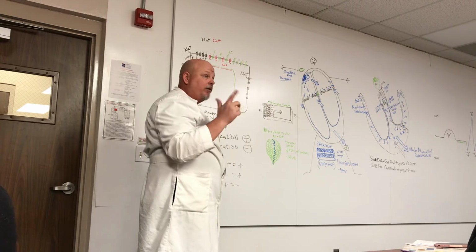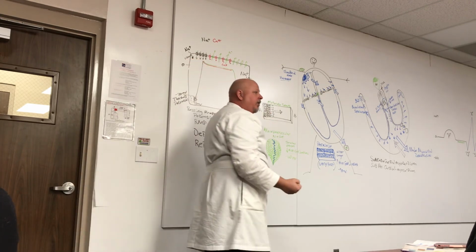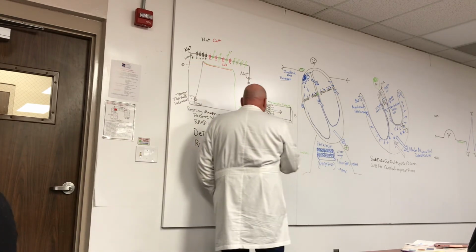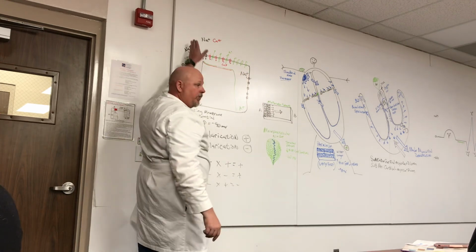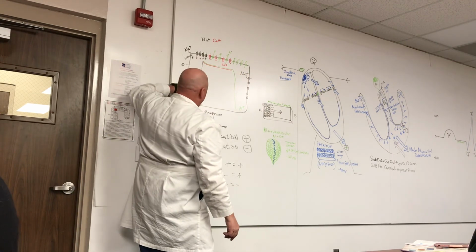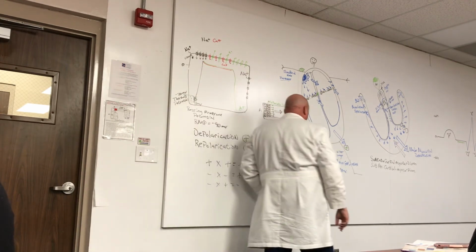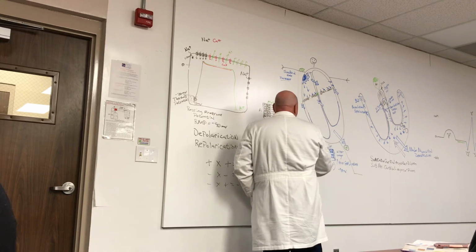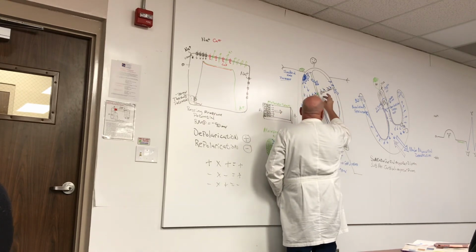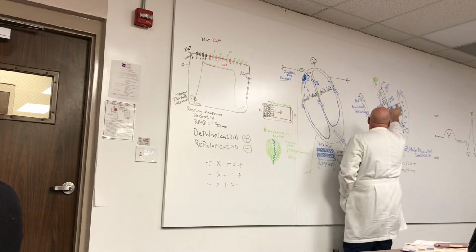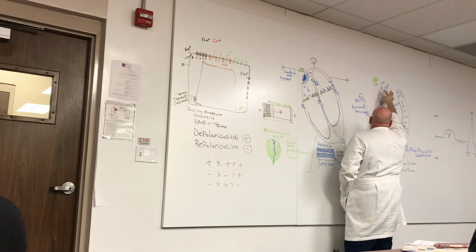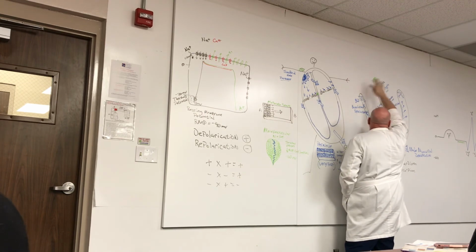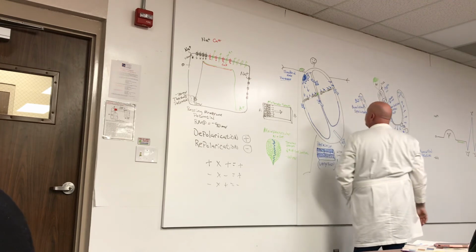It's less polar, so it doesn't pull as hard to get things through each of the cells. So it's minus 60 millivolts instead of minus 90. By the time this is ready to come into the bundle of His, the atriums have finished depolarizing.